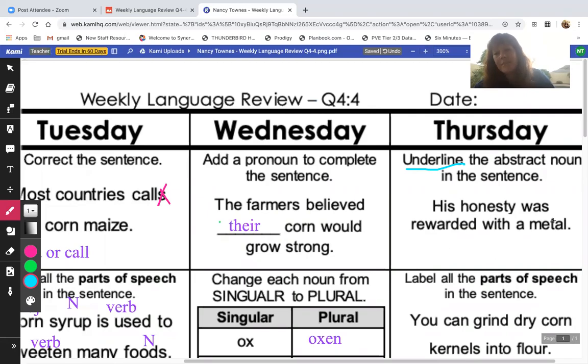Oh, they even spelled medal wrong. Good thing this wasn't spelling. That was a bad mistake. It's M-E-D-A-L. So his honesty, that's a noun. Honesty is a noun. And medal is also a noun. So which one can you not touch? Can't touch honesty, can you? So we're going to underline honesty.